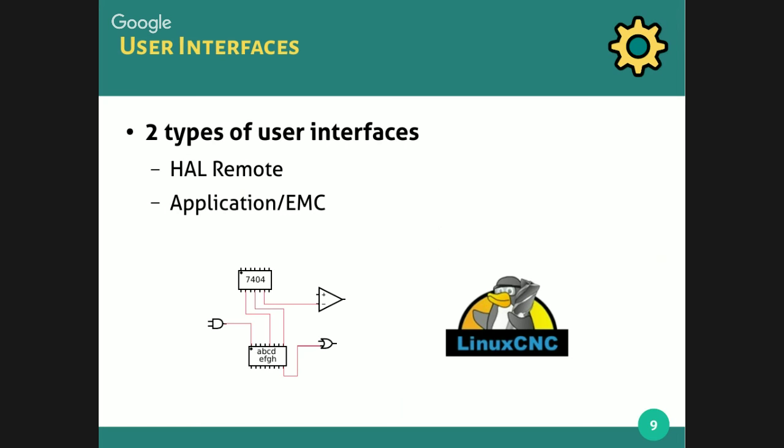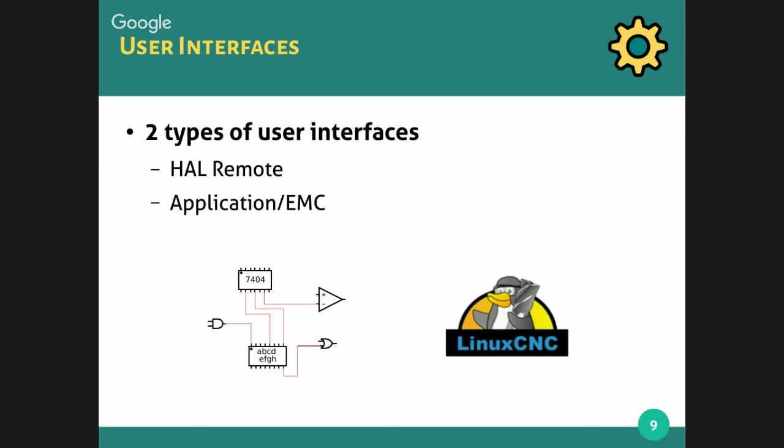There are typically two types of user interfaces you can design with QTQUICK VCP. One thing that I've already presented last year are HAL remote user interfaces. These use only HAL remote components. The second type is the typical LinuxCNC application, which we've called application, meaning it interacts with the EMC module, meaning MK wrapper, and so on.